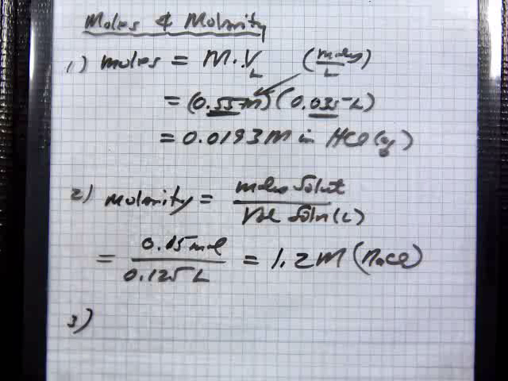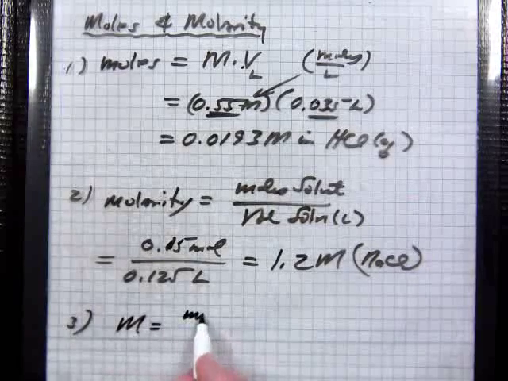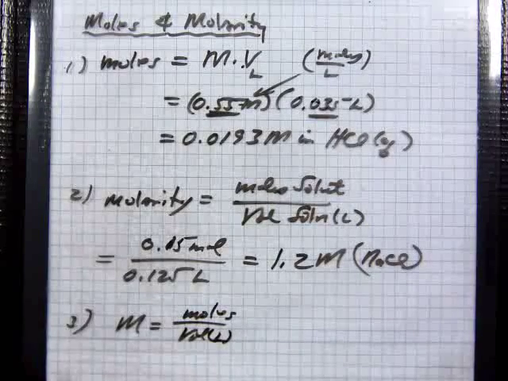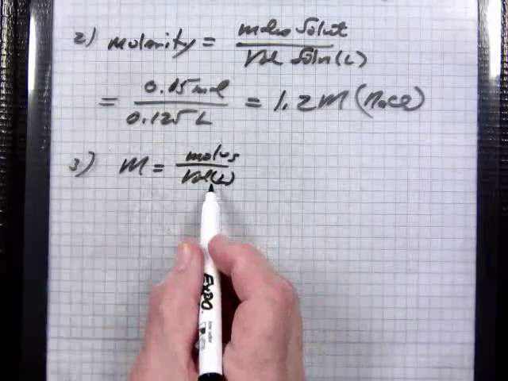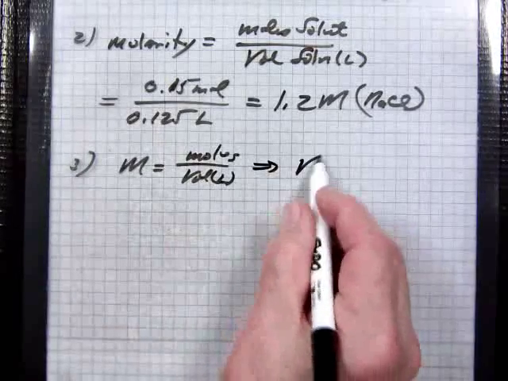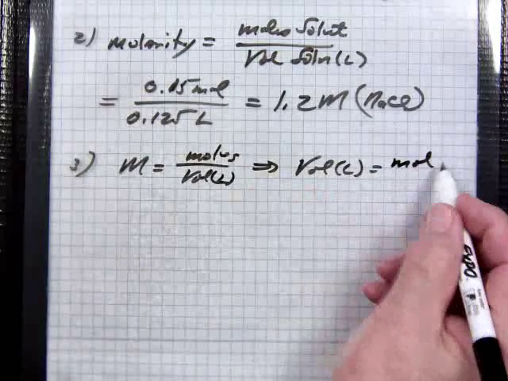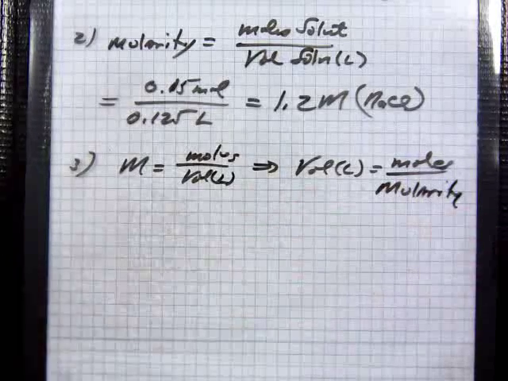What volume of 0.22 molar sodium hydroxide solution will contain 2.5 moles of sodium hydroxide? Well, you apply the same formula. Molarity equals moles over volume expressed in liters. The problem says what volume is what we're looking for, so I need to solve that for volume, and it'll come out in liters in this case, is moles over molarity. So that's what it's asking you for.